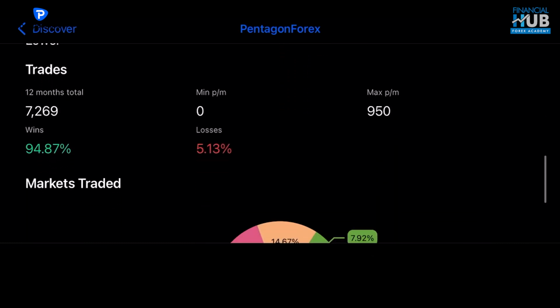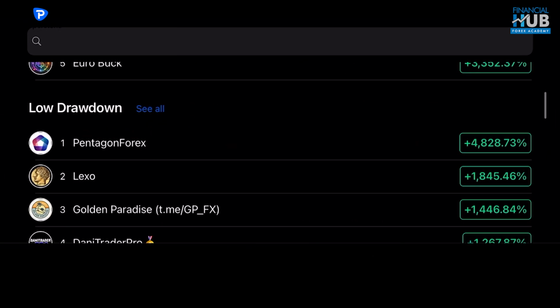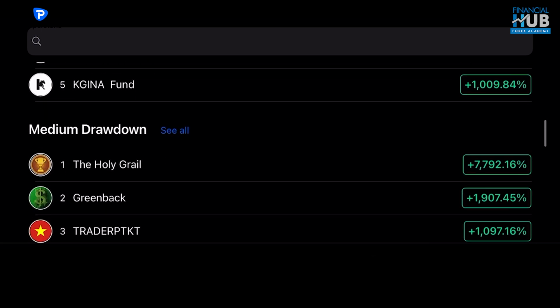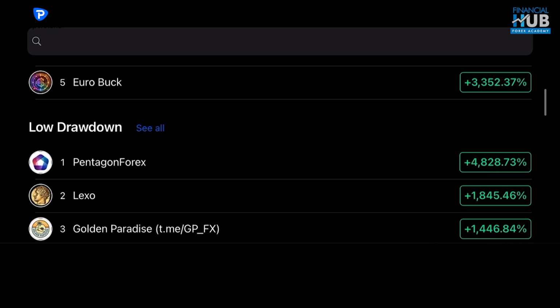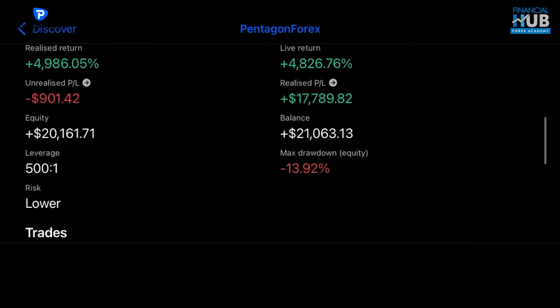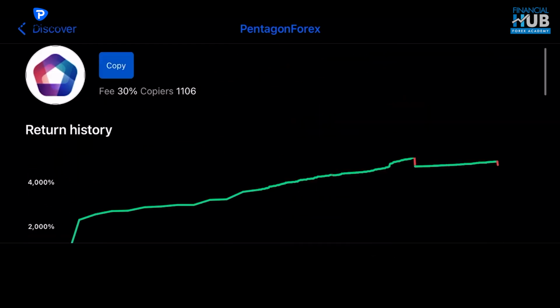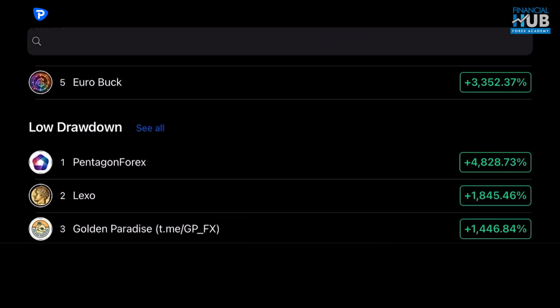As much as it has less returns, it has less drawdowns, meaning that this is something that is more profitable, more promising, because the downside is covered and you can see the risk is lower, and you can see the trades that are being taken, the losses, the wins, and the markets that are being traded primarily.